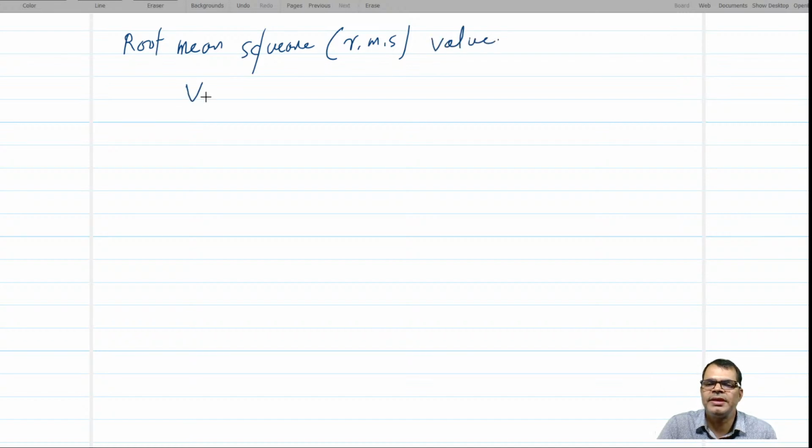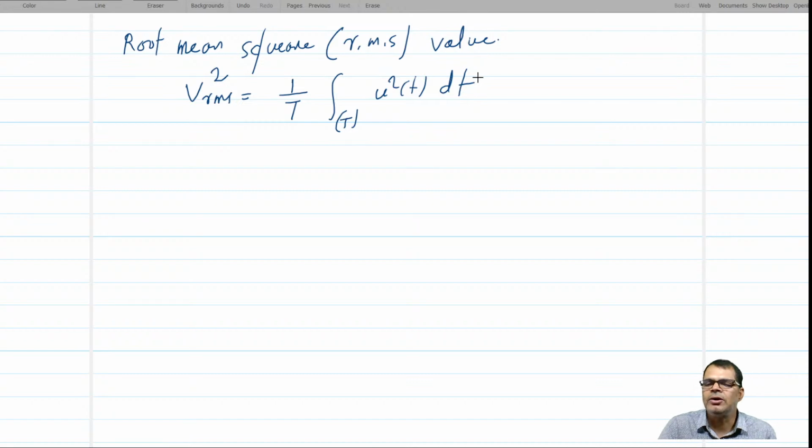So V RMS square is equal to 1 upon T, integration over a period, v square of t dt.